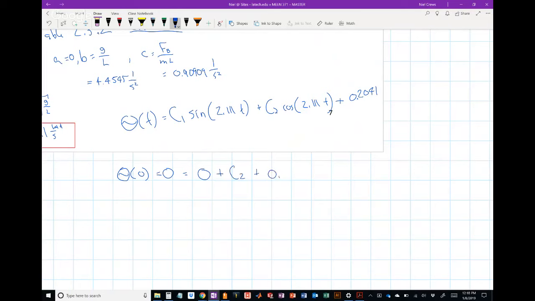C2 plus 0.2041. Okay, so our C2 is going to be negative 0.2041.